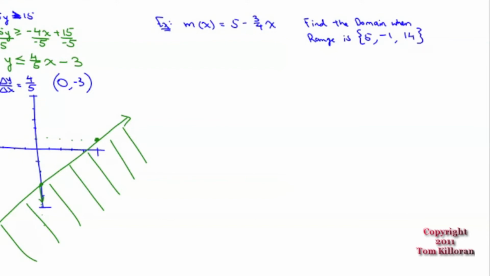So I give you a function. By the way, what kind of function is that? What's it called? What kind of function is 5 minus 3/4 x? If you were going to graph this equation, what kind of graph does it give you?